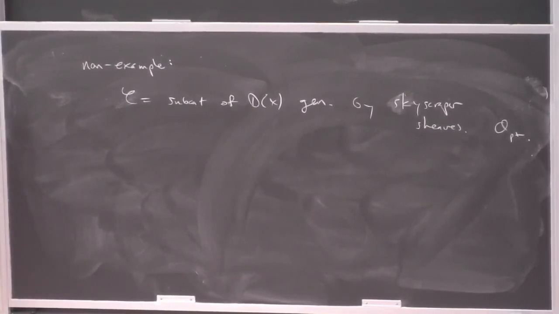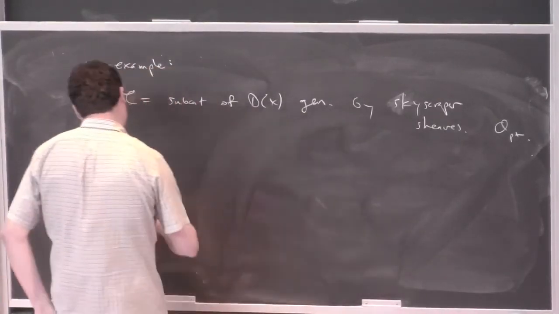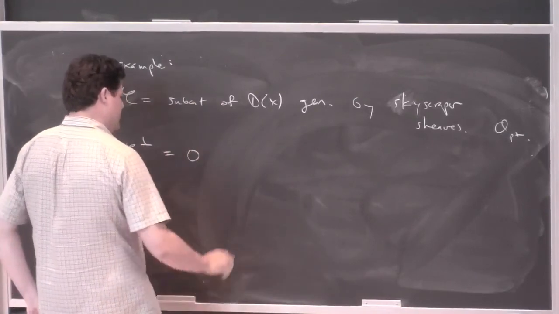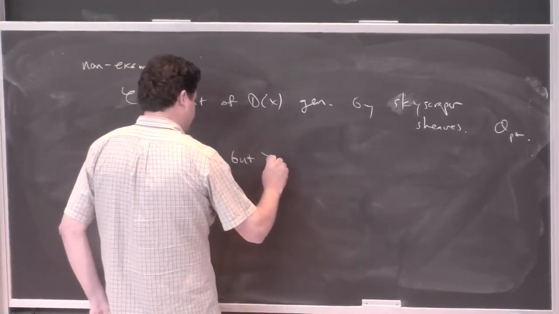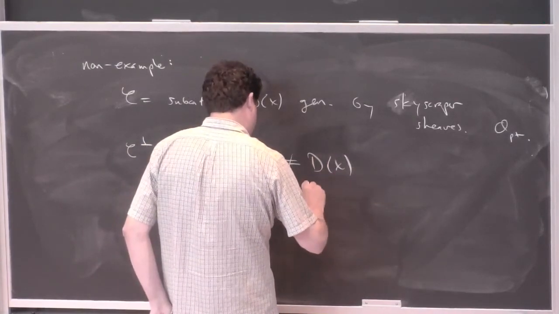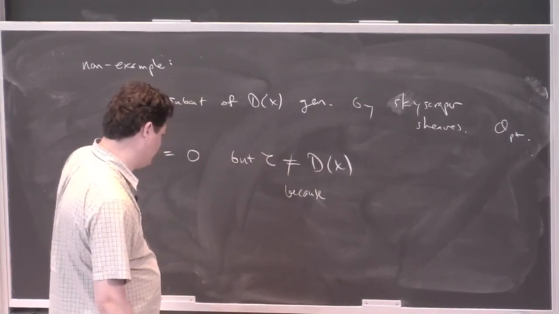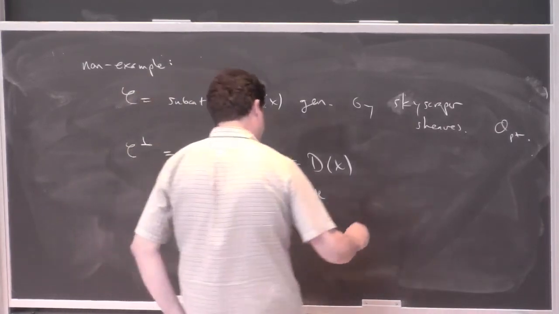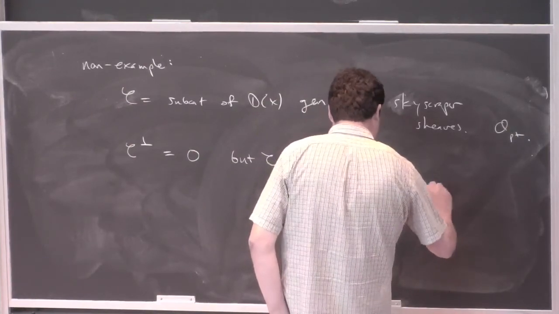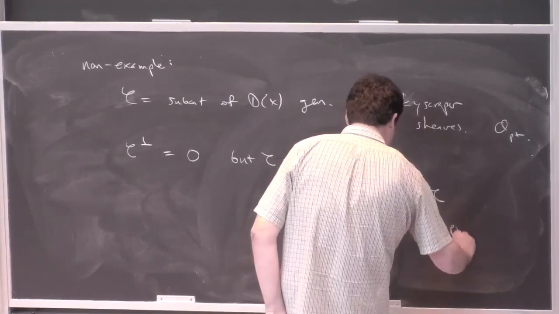Why does this inclusion not have adjoints? Then C perp is 0, as we've seen, but C is not all of D of X, because everything in C has finite support.